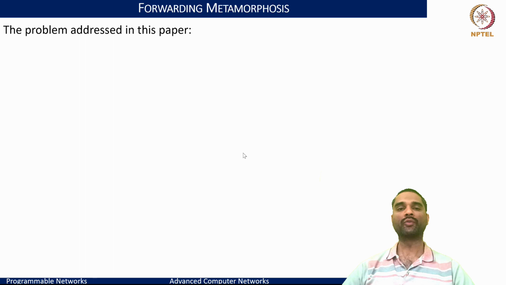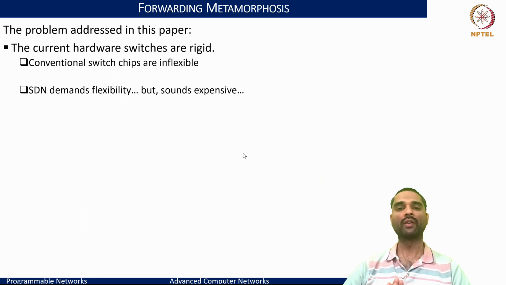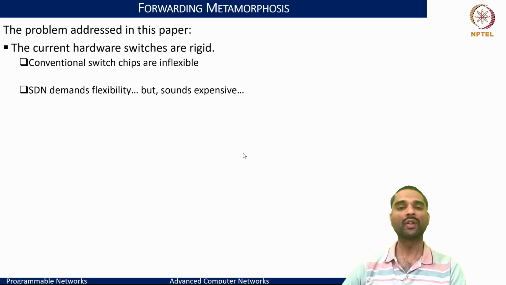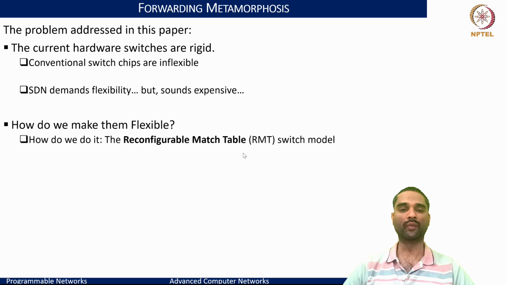The problem addressed in this paper is to look at what the current hardware switches were, why they were rigid, where the inflexibility arose in conventional switches in terms of programming the match action pipeline or the parser themselves, and how to meet the demands of SDN, that is, to bring in the flexibility with less expense in terms of hardware costs or power costs and so on.